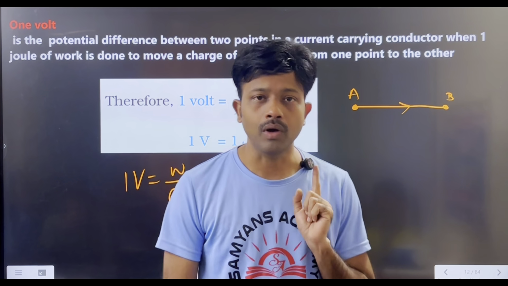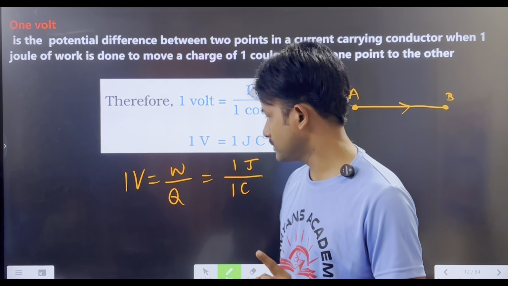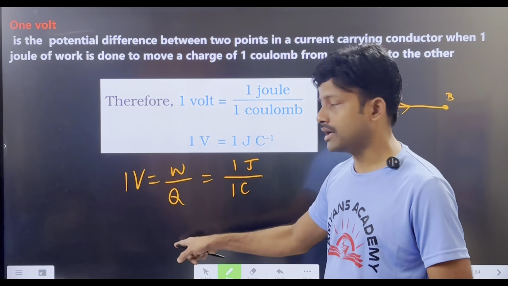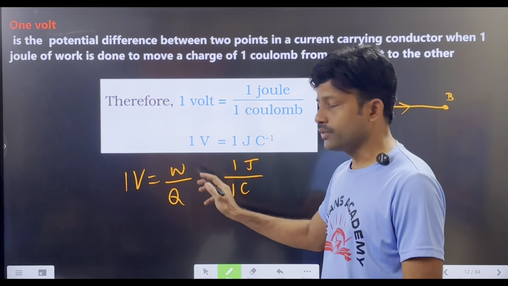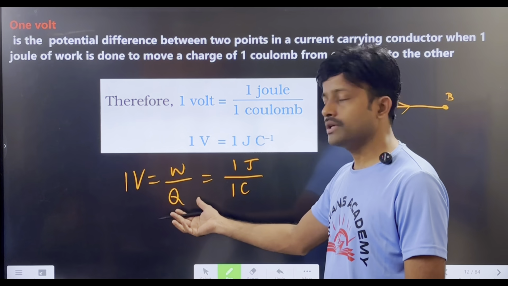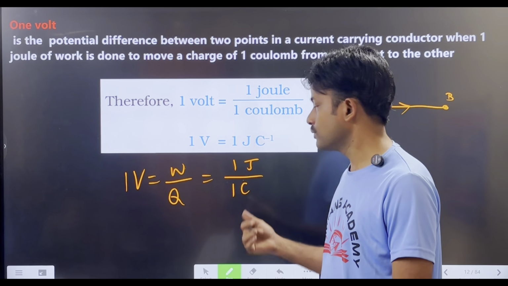We can easily remember it like this. By seeing this formula also we can tell: 1 volt equals 1 joule by 1 coulomb, right? So the unit of work W is joule, and the unit of charge Q is 1 coulomb, right?